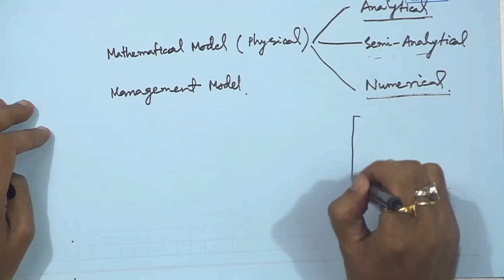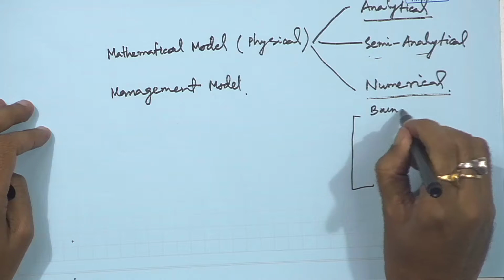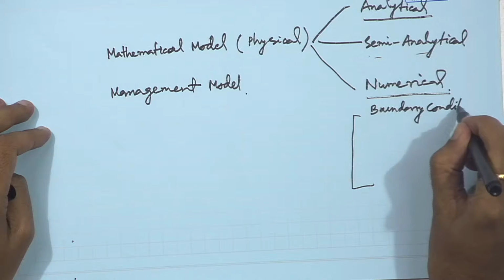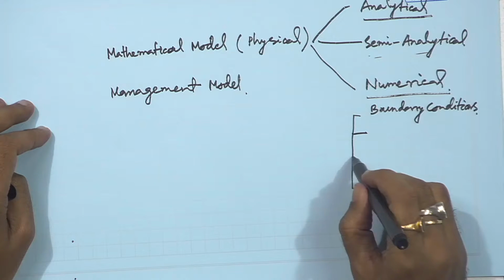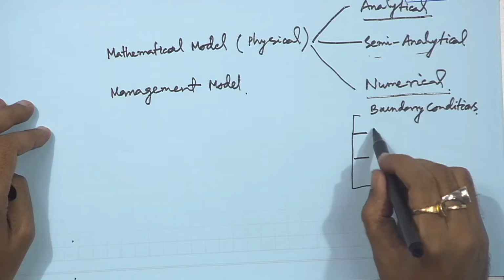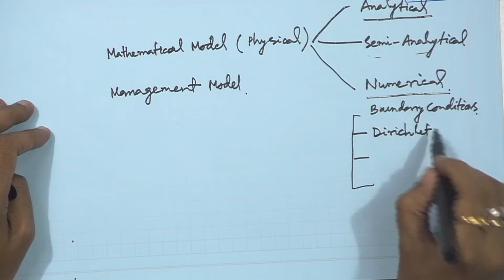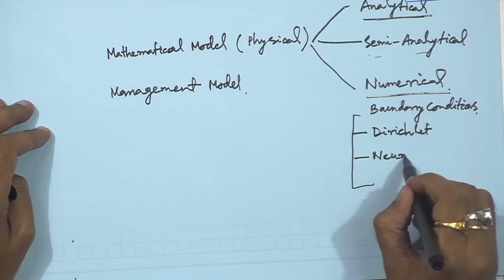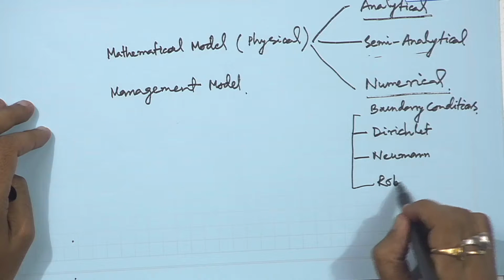Now, in this case you need boundary conditions. So what are the types of boundary conditions? One is Dirichlet, second one is called Neumann, and last one is called Robin.